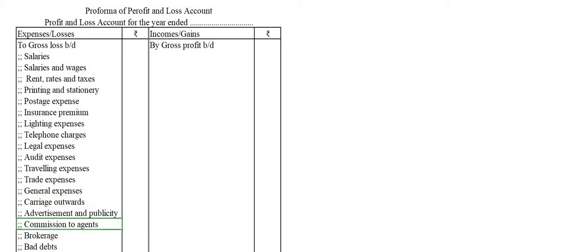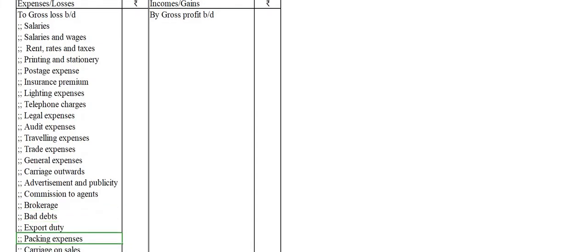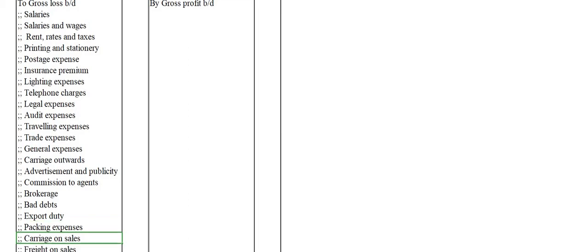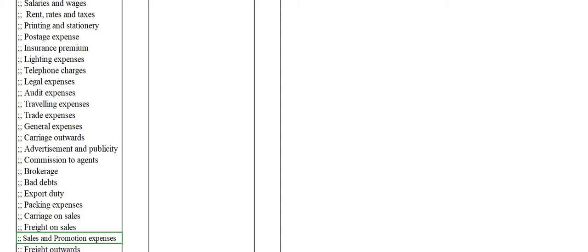Then advertisement or publicity, commission paid to agents, brokerage, bad debts. Then export duty. Export duty means duty given for exporting goods to foreign countries. That is also an indirect expense. Then packing expenses, carriage on sales, then freight on sales, that is also equal to carriage on sales.